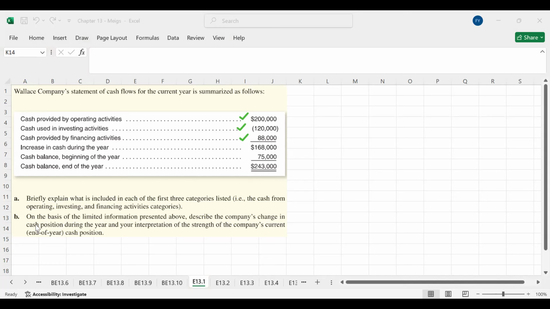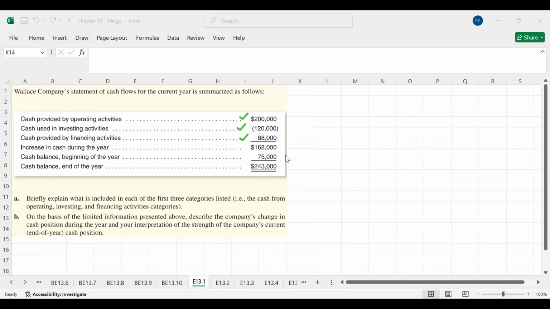So the other requirement is, on the basis of the limited information provided above, describe the company's change in cash position during the year and your interpretation of the strength of the company's current position.